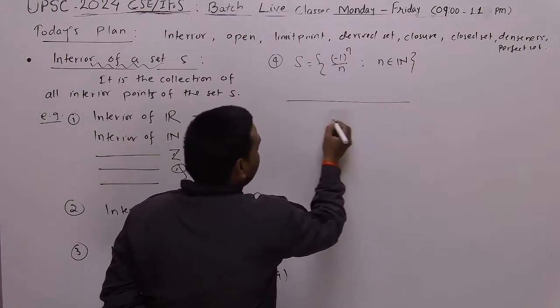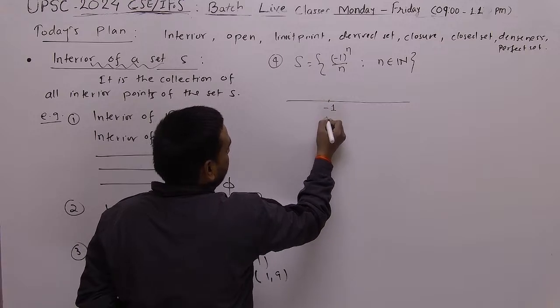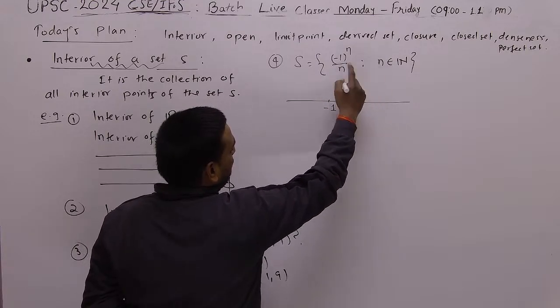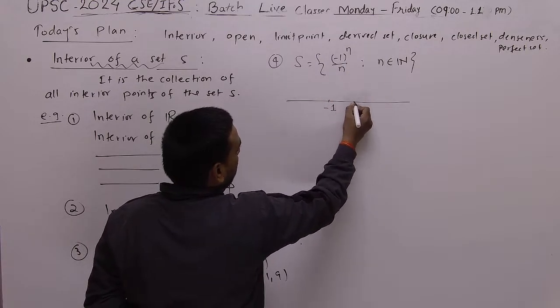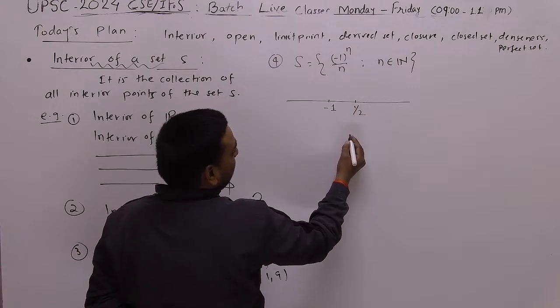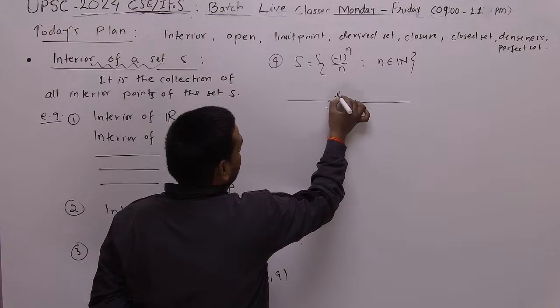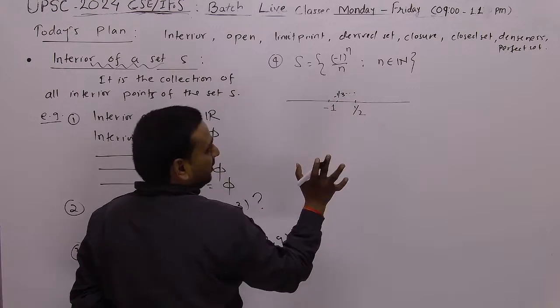If you represent S, n equal to 1, then it is -1. N equal to 2, then it is 1 by 2, right? N equal to 3, then it is minus 1 by 3. Fair or not?